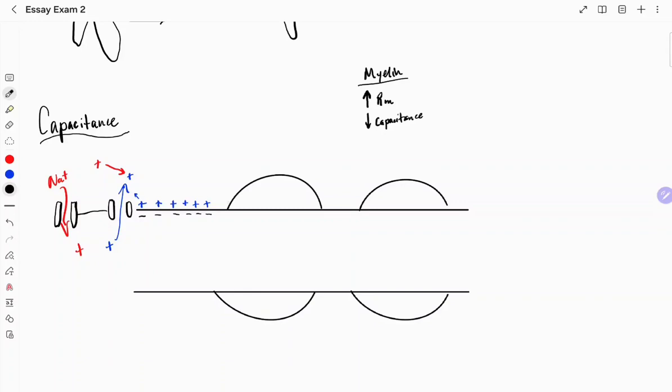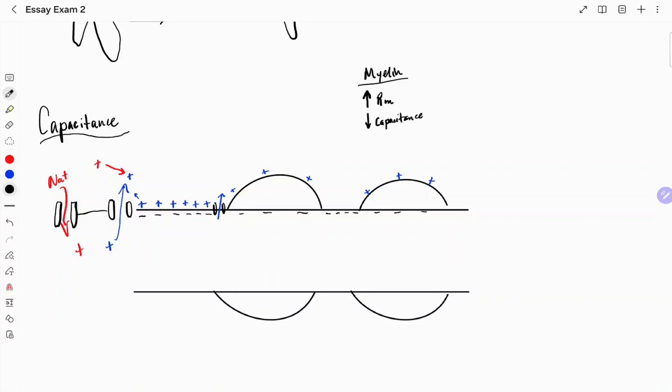So why is that? Well, if you have your potassiums coming out of this channel, the voltage across the membrane is the same, but here you're going to have fewer separations than you would in these unmyelinated sections. So where it's myelinated, fewer separations. Why is that?